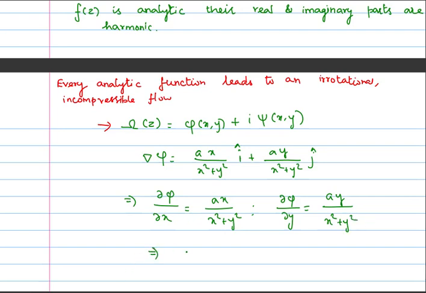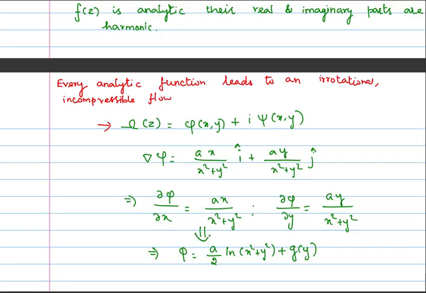So phi equals a divided by 2 natural logarithm of x square plus y square plus some function of y.